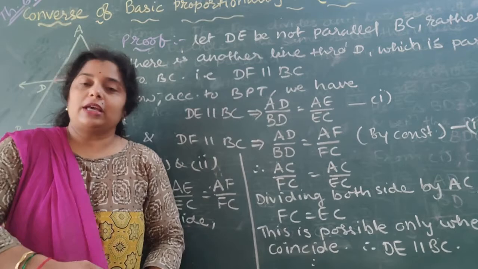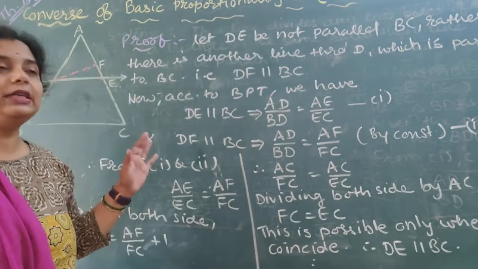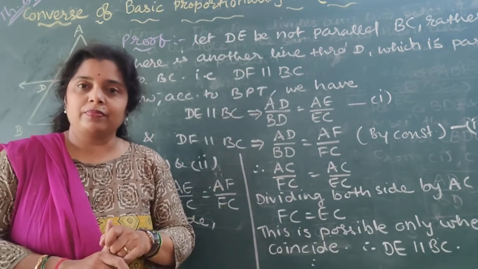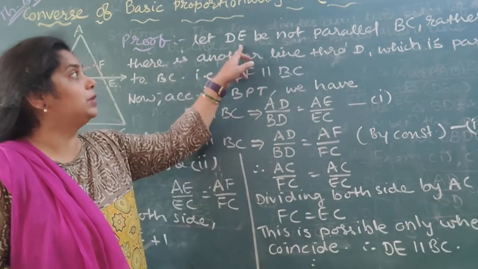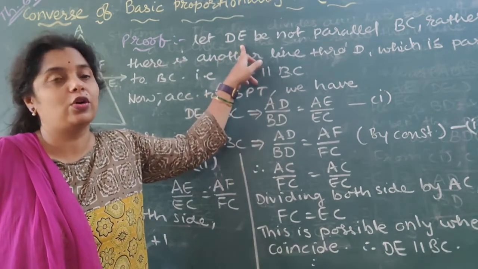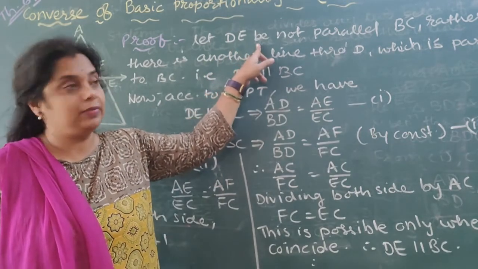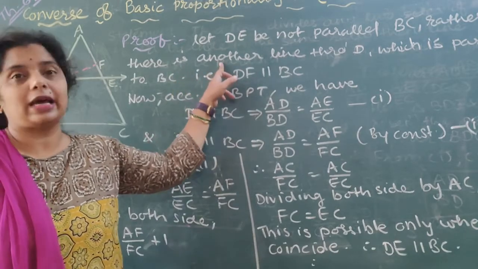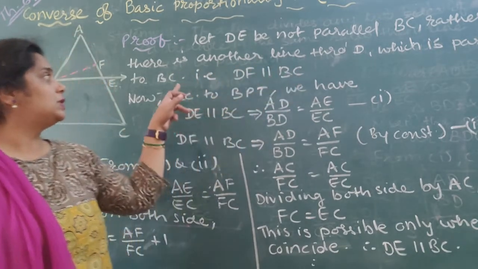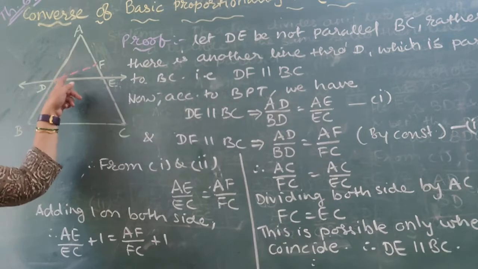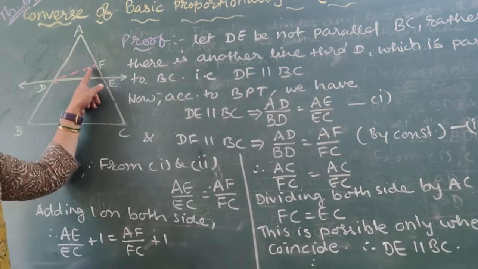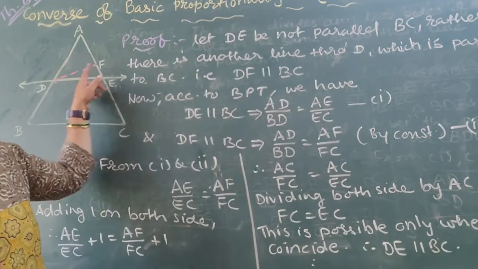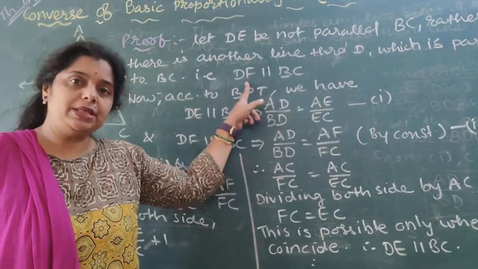So first of all, we already know that DE is parallel to BC, but we have to start with: let DE be not parallel to BC. Rather, take another line from D which is parallel to BC, which we construct as DF. So DF is parallel to BC.